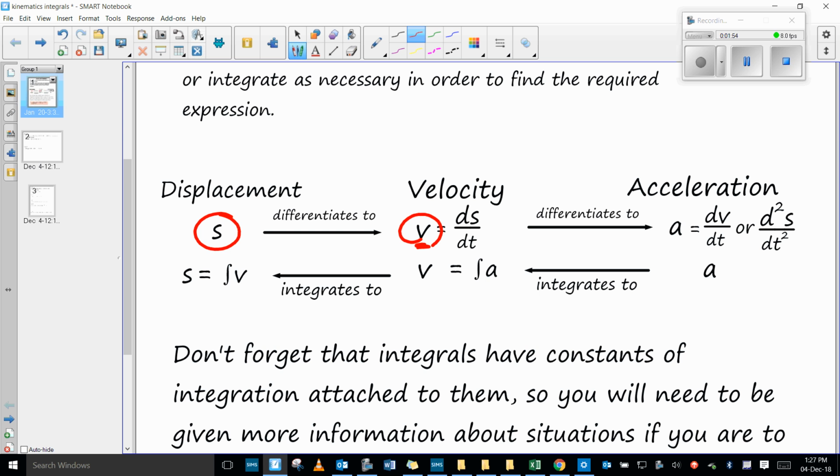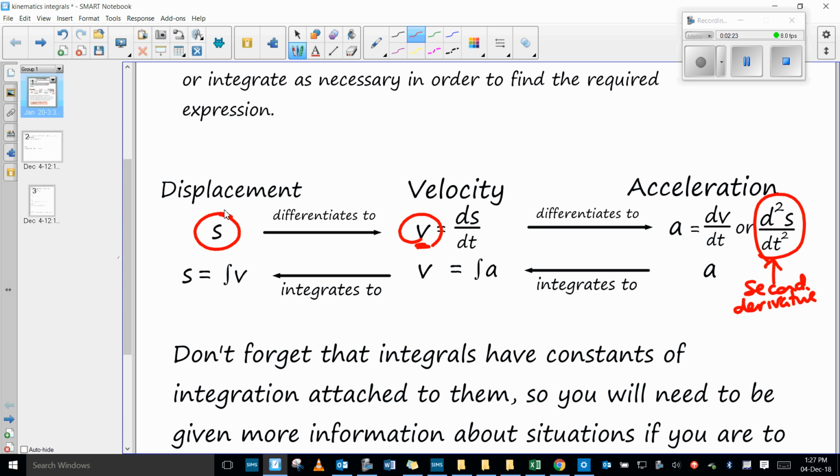Remember this indicates it's the second derivative. In other words, we differentiated this expression twice to get to that, right? So that's the differentiation. Obviously, if we can differentiate to get from here to here to here, then we must be able to integrate to get from here to here to here. All right?